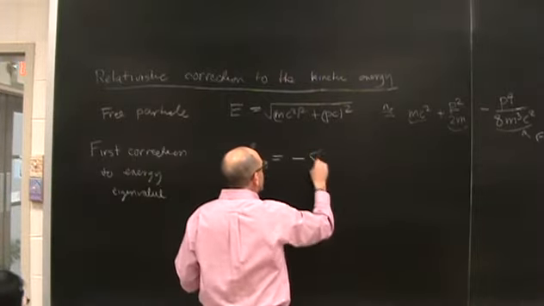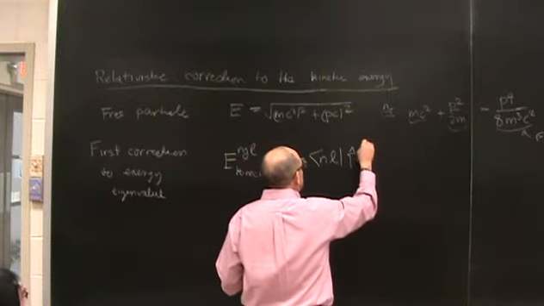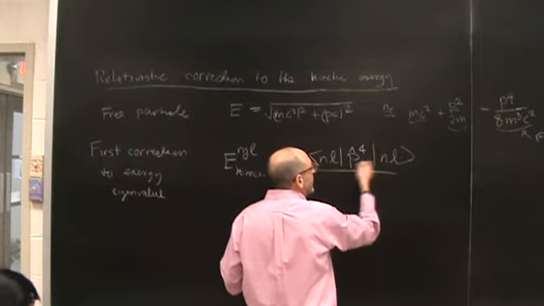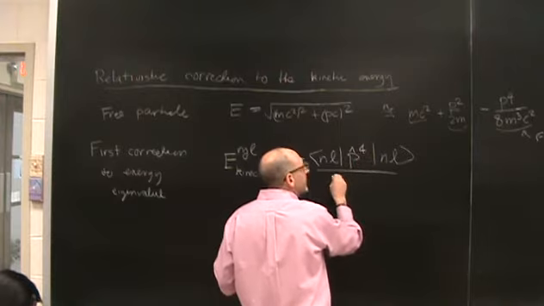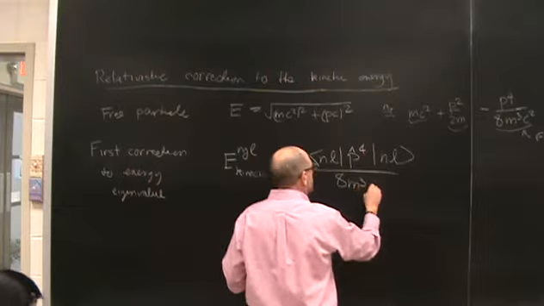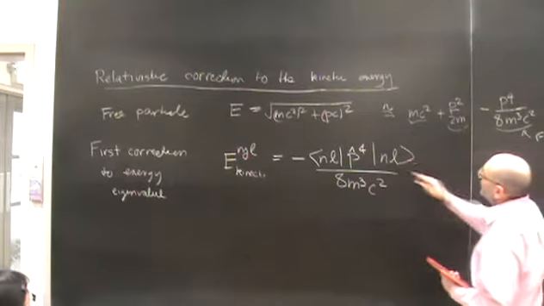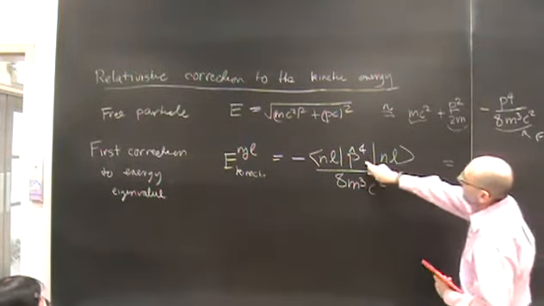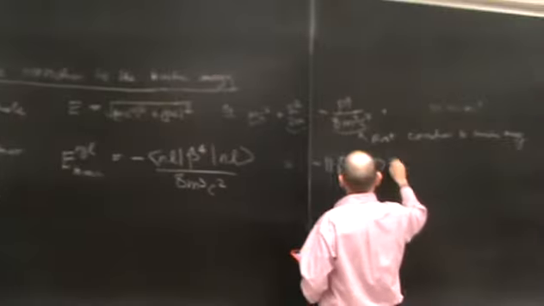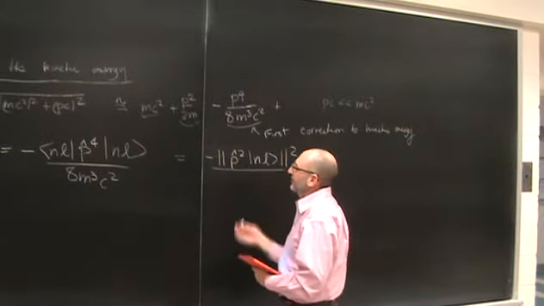That's equal to minus the expected value of p to the fourth. It's only a radial integral, though, it doesn't depend on the angular coordinates at all, because this is the magnitude squared squared. And the trick here is to note that this is equal to p squared acting on n l, that vector inner product with itself.